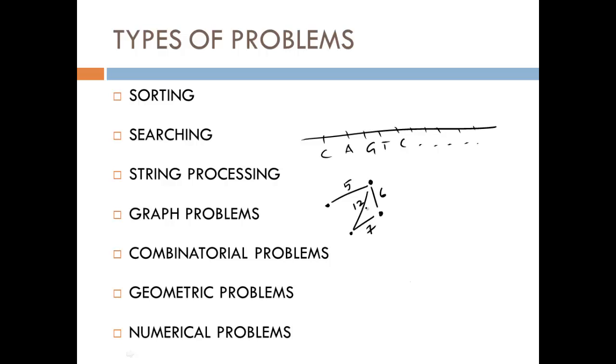There are also a class of problems which are generally called combinatorial problems. Here you're asking for a combinatorial object which usually requires you to enumerate subsets or a combination of elements in a set, right? And these problems are ubiquitous.